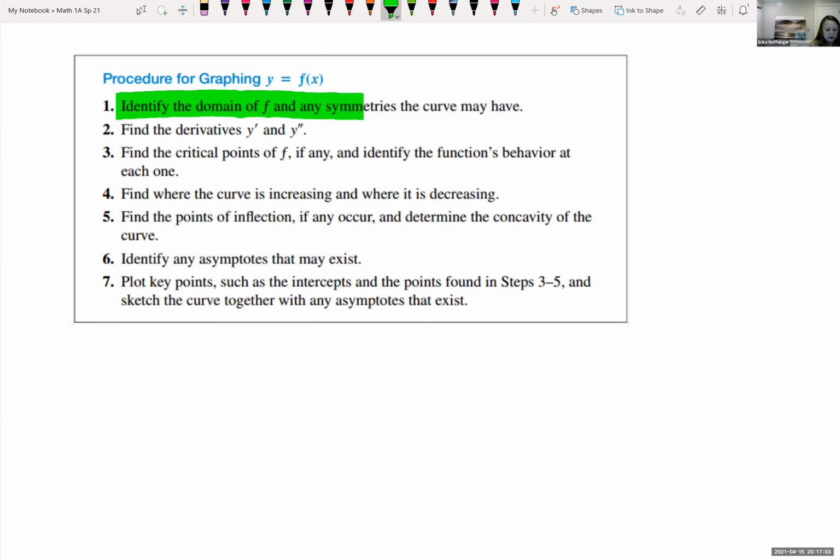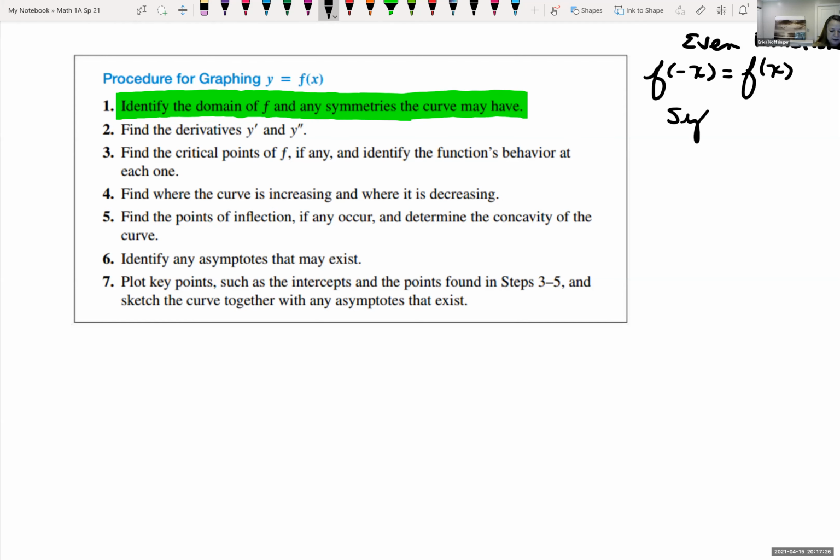If you want to, you can use symmetry to help you graph. Recall, if you plugged in negative x wherever you saw an x and you got back the original function f of x, this was by definition an even function, and it was symmetrical across the y-axis.